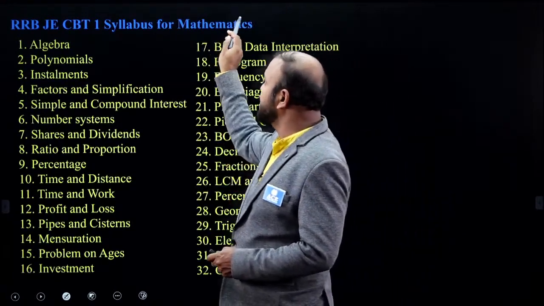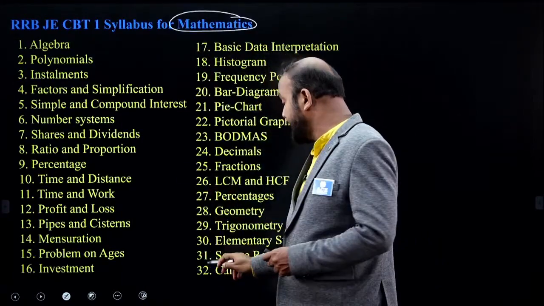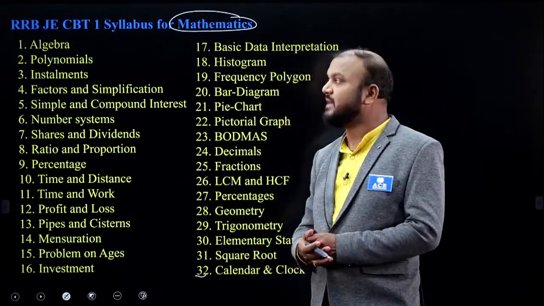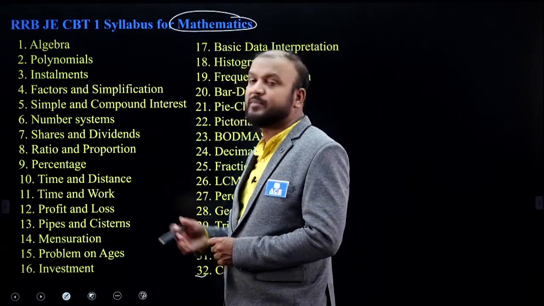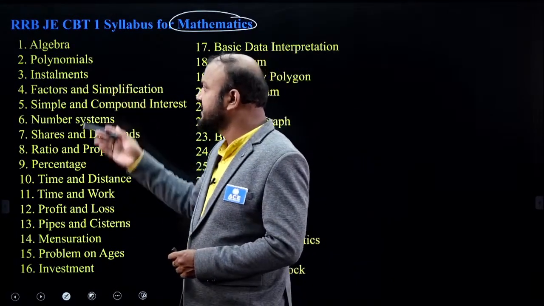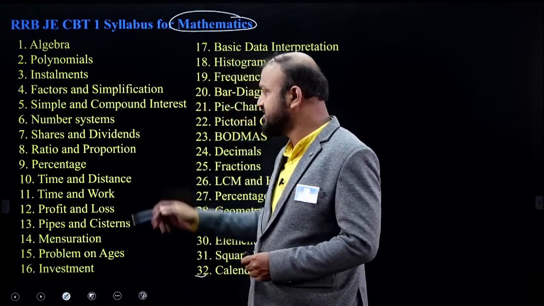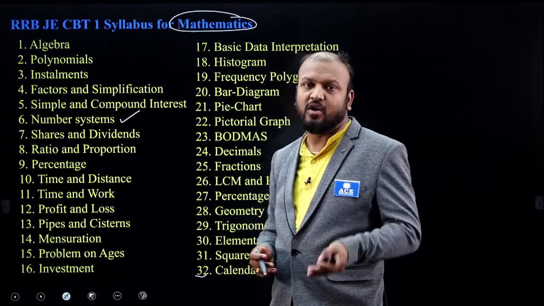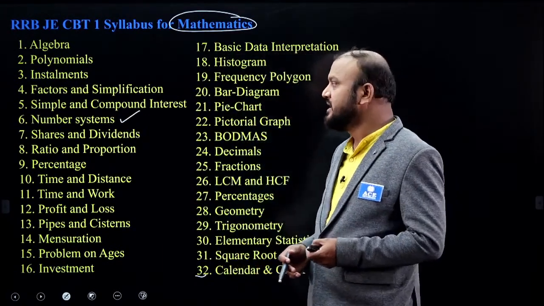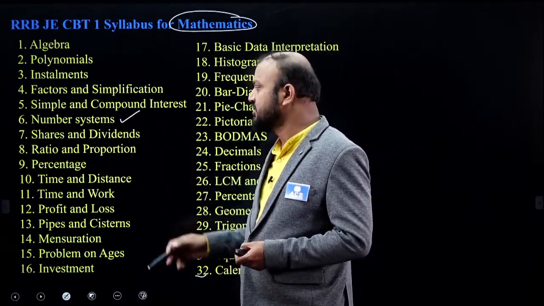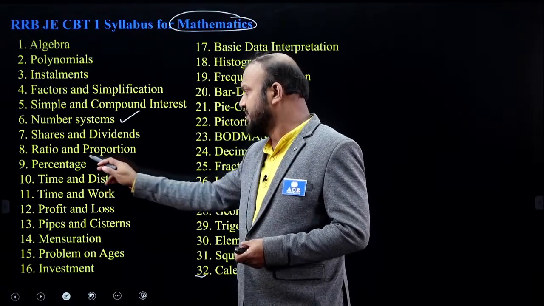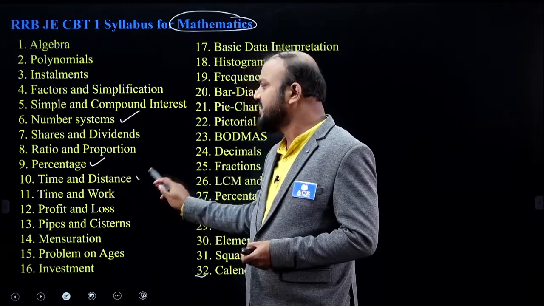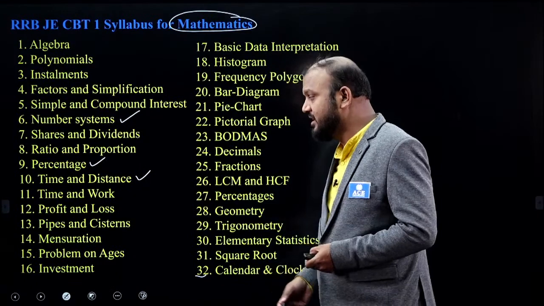Coming to mathematics, there are 32 topics given under mathematics, like algebra, polynomials, installments, factors, simplifications, number systems like octal, decimal, hexadecimal, shares and dividends, ratio, proportions, percentages, time and distance, time and work, profit and loss.